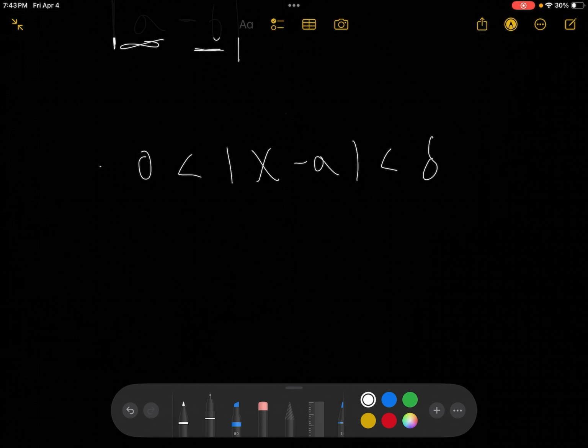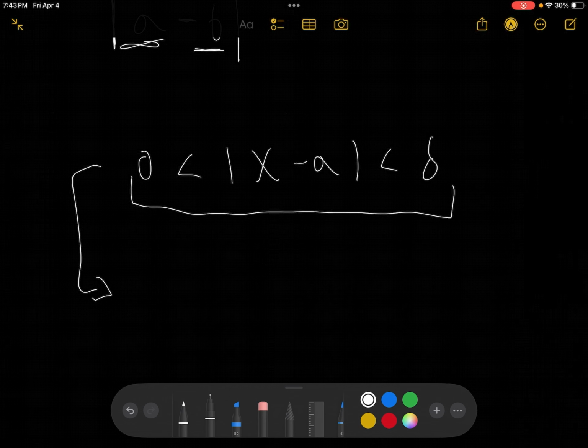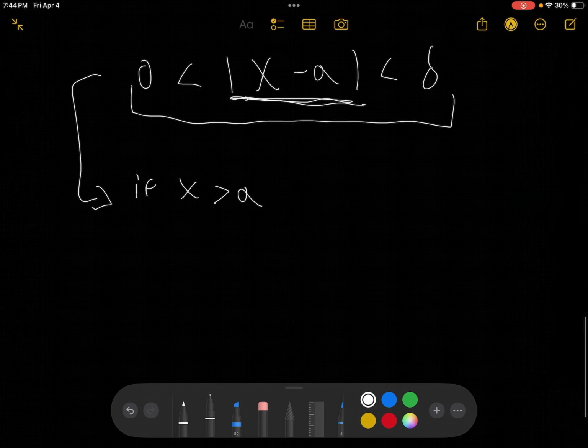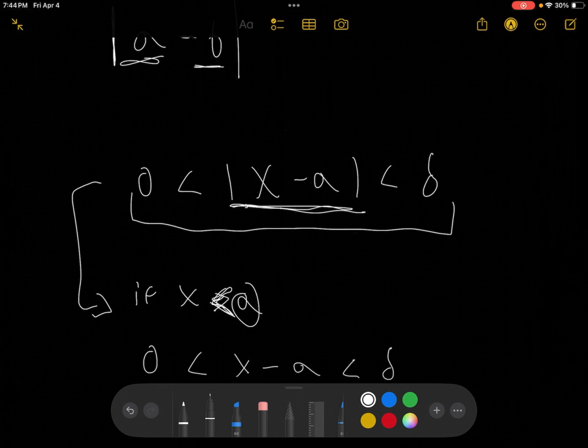So to keep this overall inequality true, if x is greater than a, then this thing in here is going to be positive, so the absolute value of this expression is just that expression. So in that case, we just have the distance between x and a being greater than 0, less than delta.